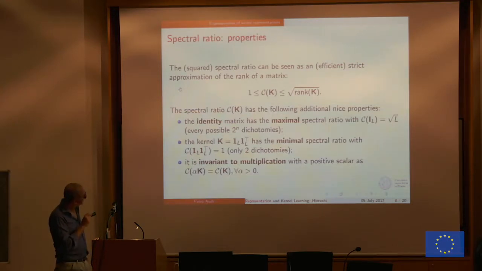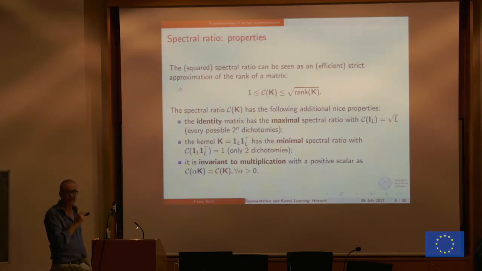And another interesting property of this measure is that it is invariant to multiplication with a positive scalar. It means that if you multiply with alpha, which is a positive scalar, you obtain the same value.